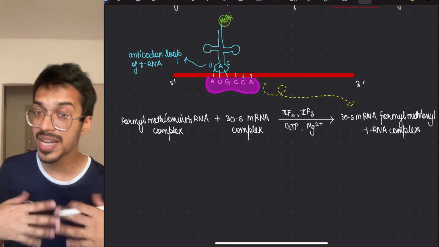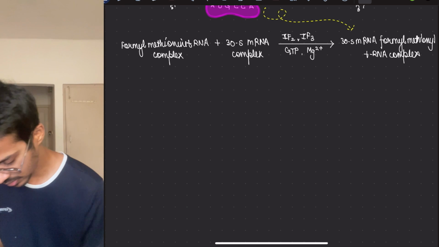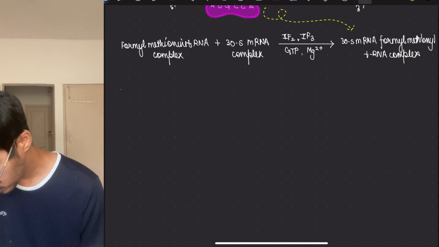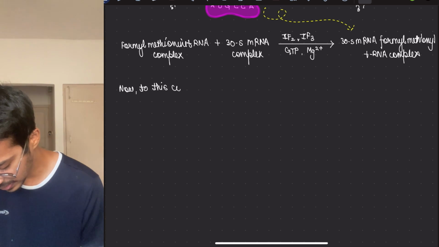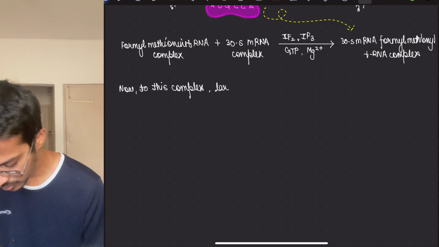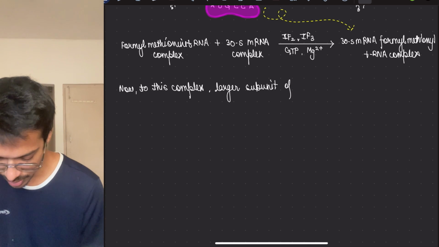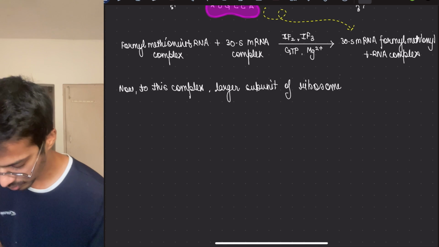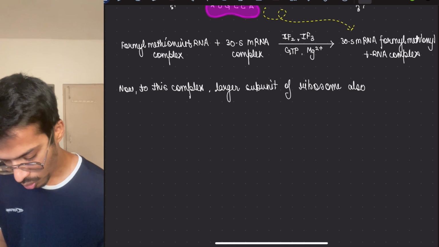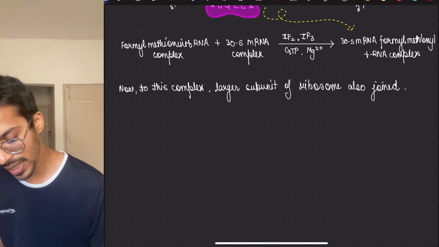Now I told you that simultaneously the bigger ribosome unit will also come and join with it. So now to this complex, the larger subunit of ribosome also joined. So the final complex will look like what?